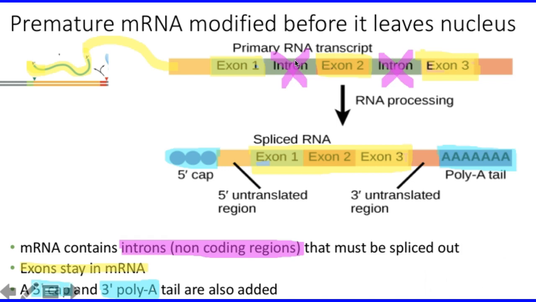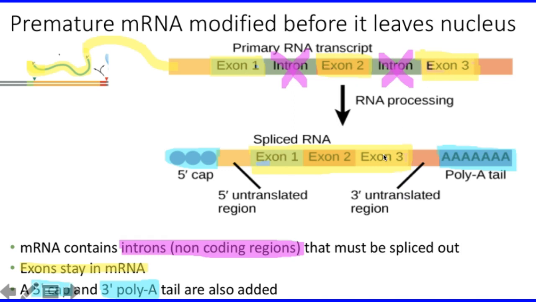So they're disposable. So we actually splice them out using spliceosomes. Literally, we're splicing away. Get rid of that intron, get rid of that intron. This is called RNA processing when we're doing this. And we end up with just exons, which are the expressed segments of the gene. So now you can see exon 1 is now connected to exon 2 and exon 3 right here.